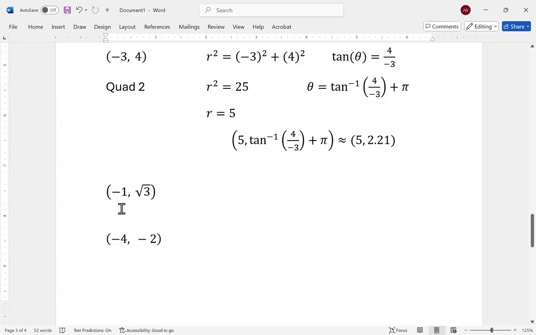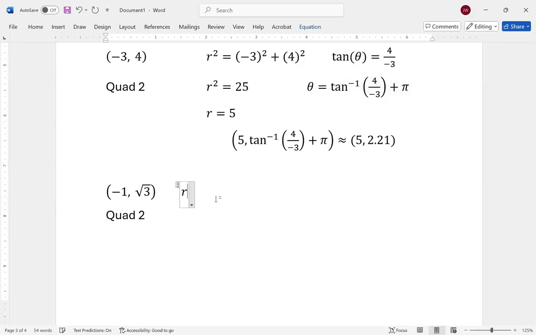First, I want to notice that -1 comma √3 is in quadrant 2. Inverse tangent gives me angles that are not in quadrant 2. It gives me an angle that's in quadrant 1 or an angle that's in quadrant 4. That's not going to affect the r.